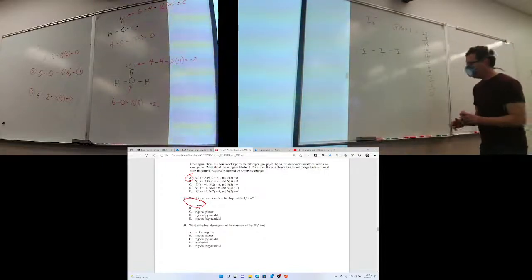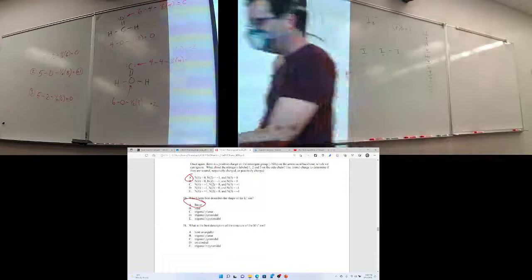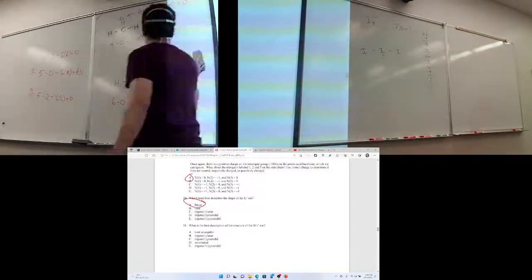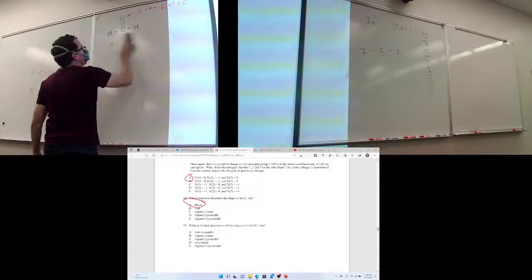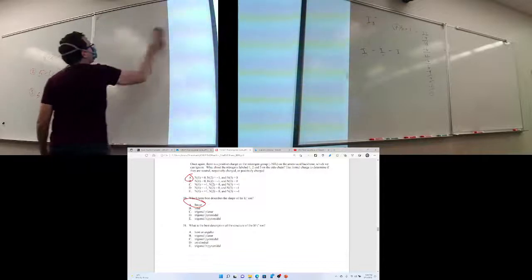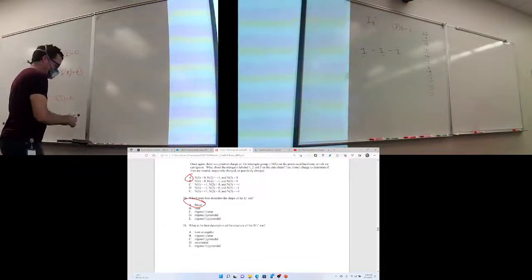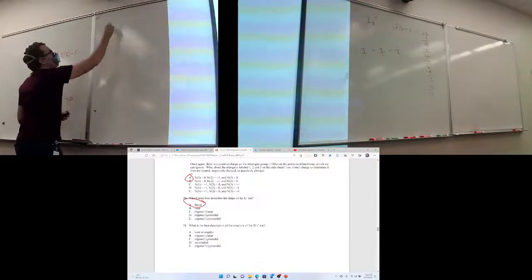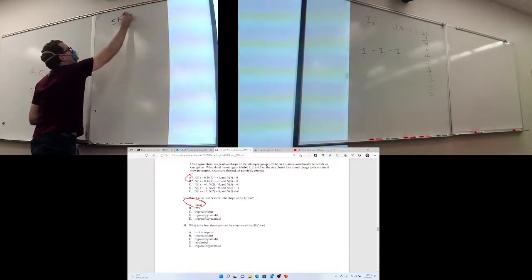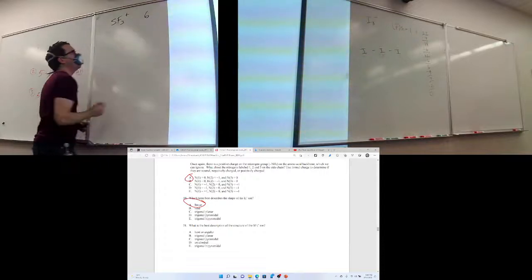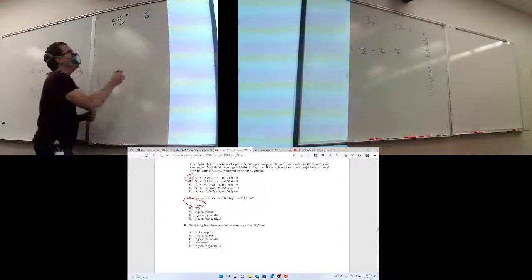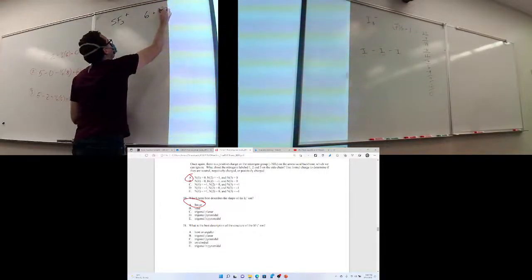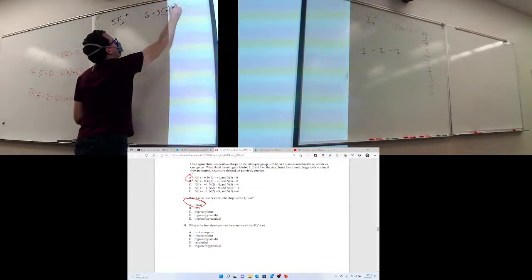SF3 plus, you can do that one. This works better. Yeah. SF3 plus. So 6 electrons from sulfur. It's in group 6. 7 electrons from fluorine, and there's 3 of them.